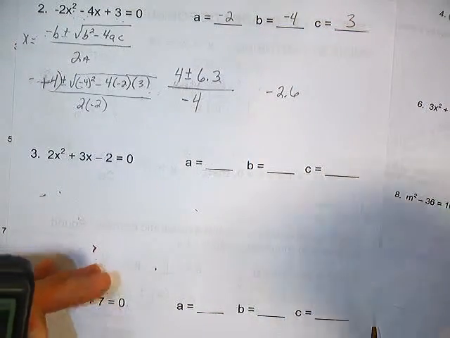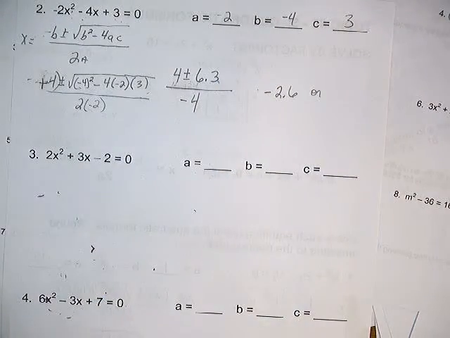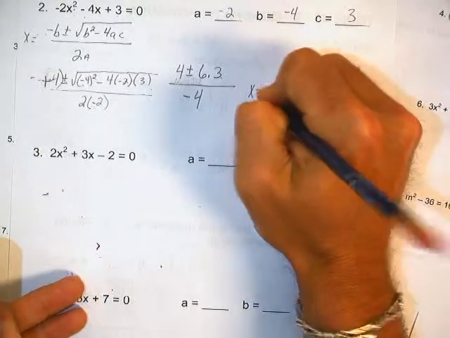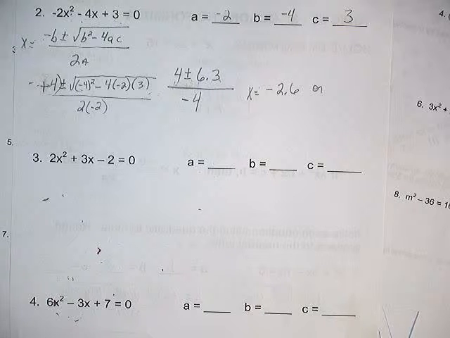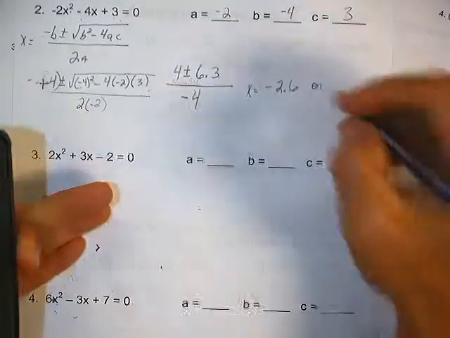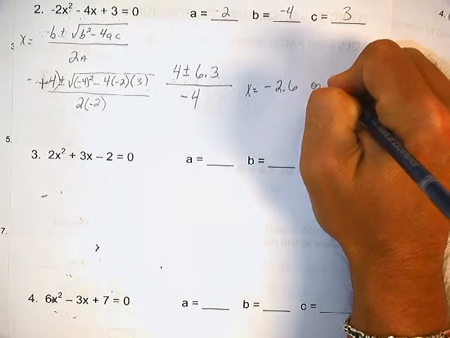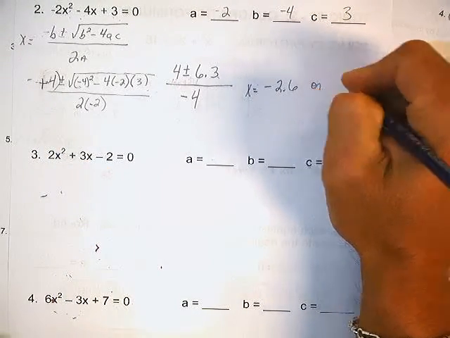Negative 2.6, or how do we get the other one? 4 minus 6.3, enter, divided by -4. To one decimal place, that'd be positive what?